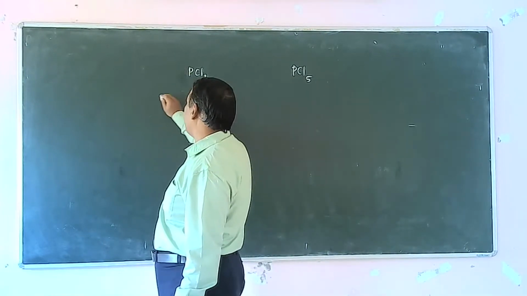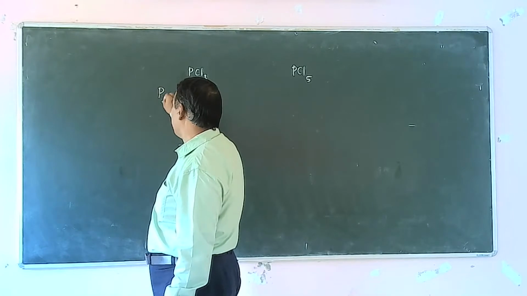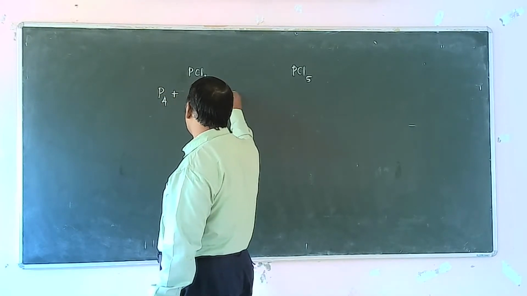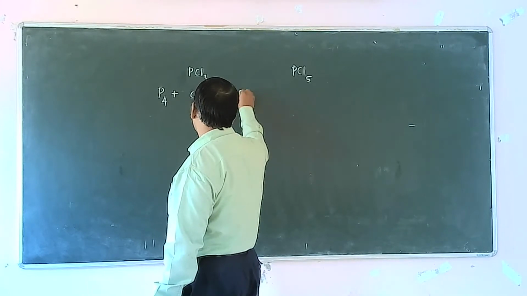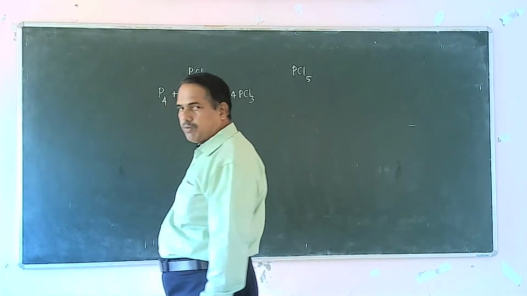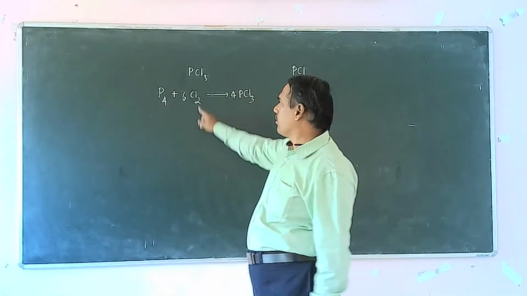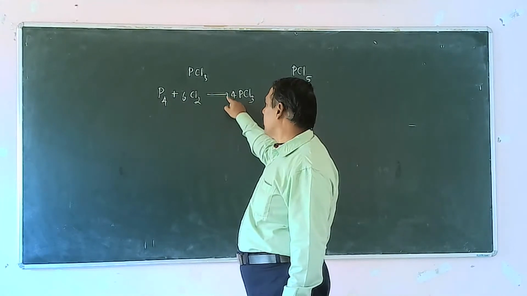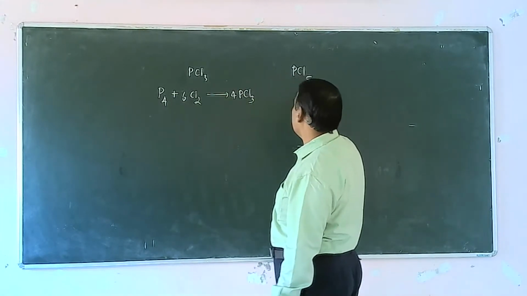See, both can be obtained by heating white phosphorus with chlorine gas. So you will get 4 PCl3, therefore it is 6 Cl2. When chlorine gas is passed through white phosphorus you get phosphorus trichloride.